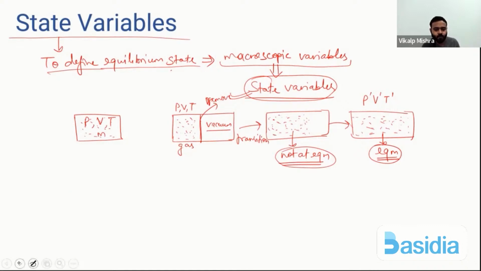ठीक है? चलो. Now, state variables are of two types. First is intensive, and second is extensive.